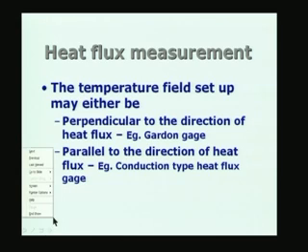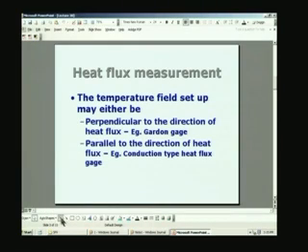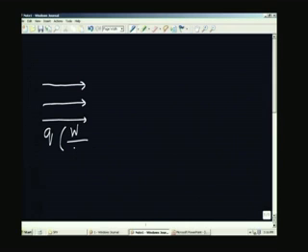and look at what are these two types of situations. So, what I am talking about is you have a heat flux which is shown by arrows like this, Q. This is usually measured in watts per square meter, the rate at which energy is crossing a unit area perpendicular to the direction of the heat flux.